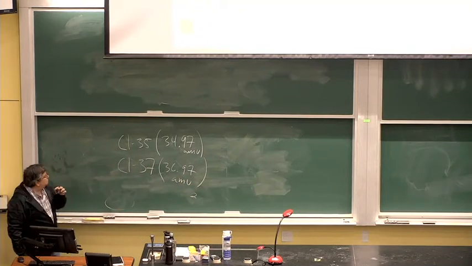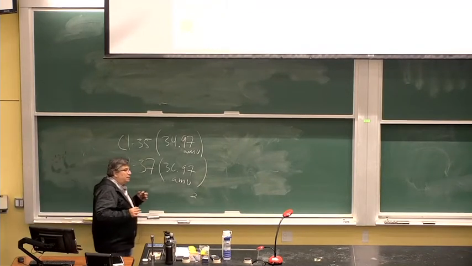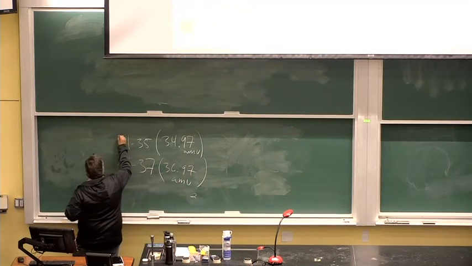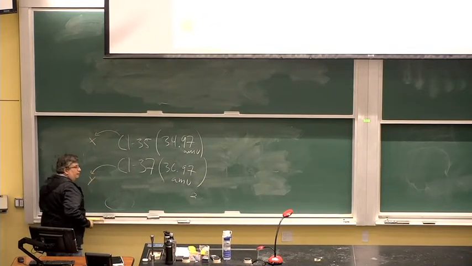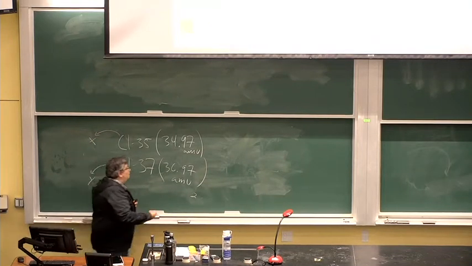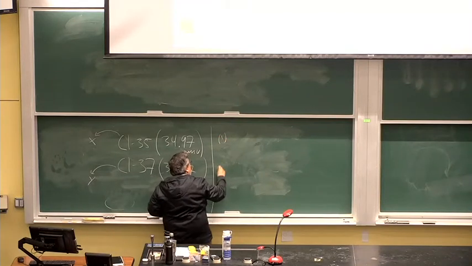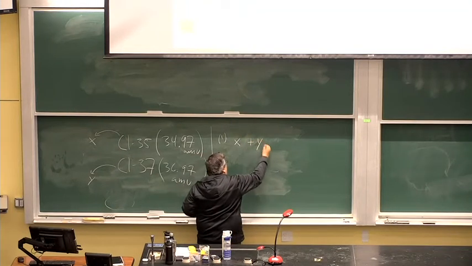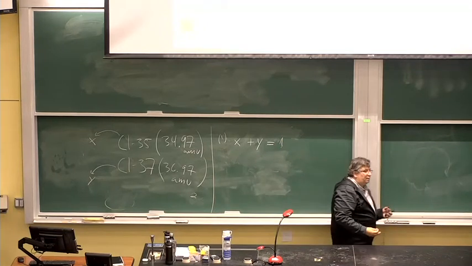So we have these two. We have chlorine 35, and we have chlorine 37. So let's put them together, and let's consider this chlorine as X and this chlorine as Y in our system of equations. So the first equation is that X plus Y is equal to, well, you can make them equal to 1 or you can make them equal to 100.